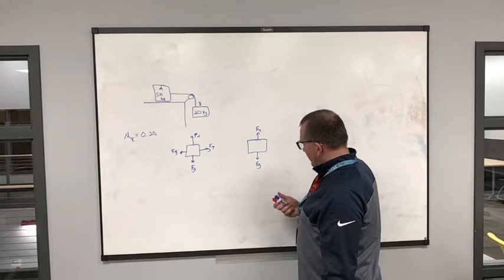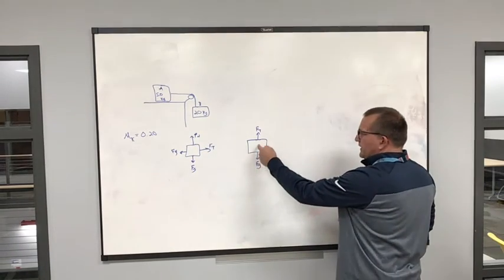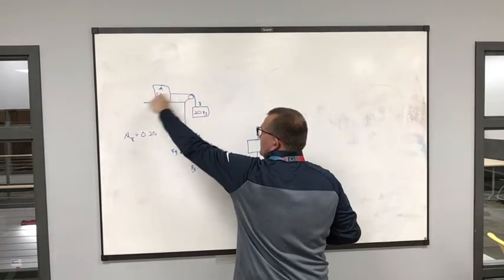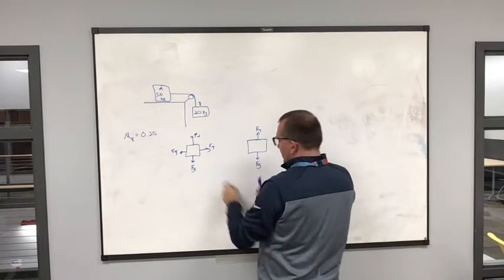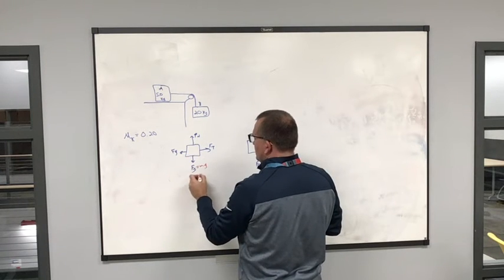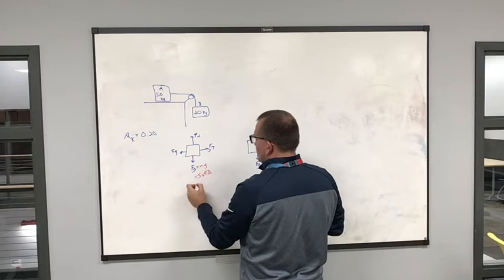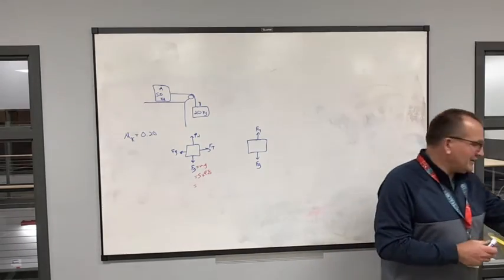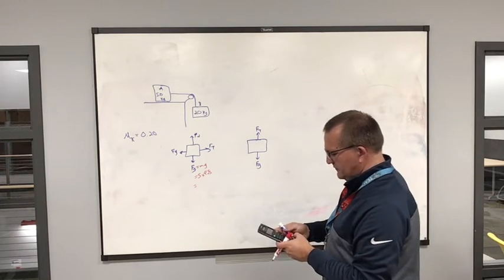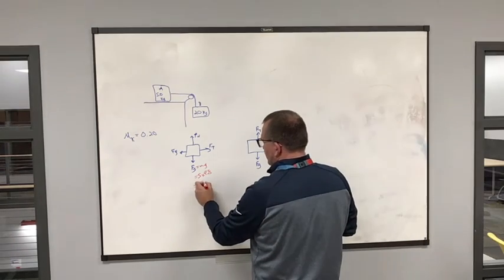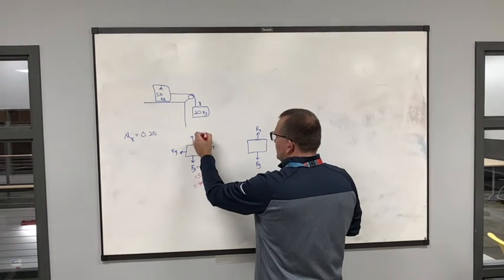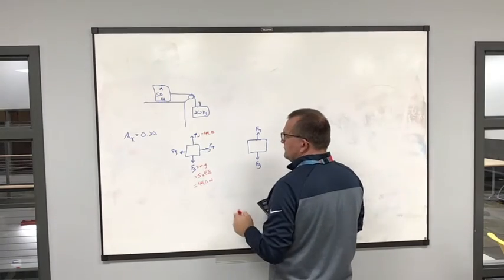But I think we're good, so now let's think about equations for this one. This one's going to accelerate here, and this one's going to accelerate here, right? So when we talk about box A, mg is 5 times 9.8. 49 newtons, which means my normal force is 49 newtons.